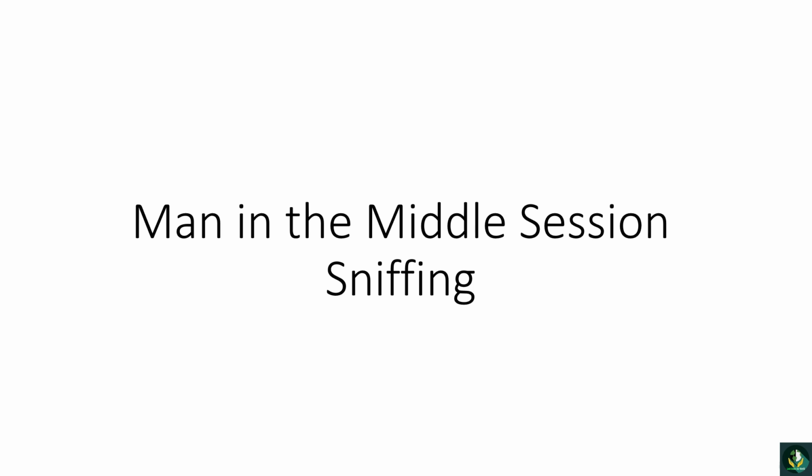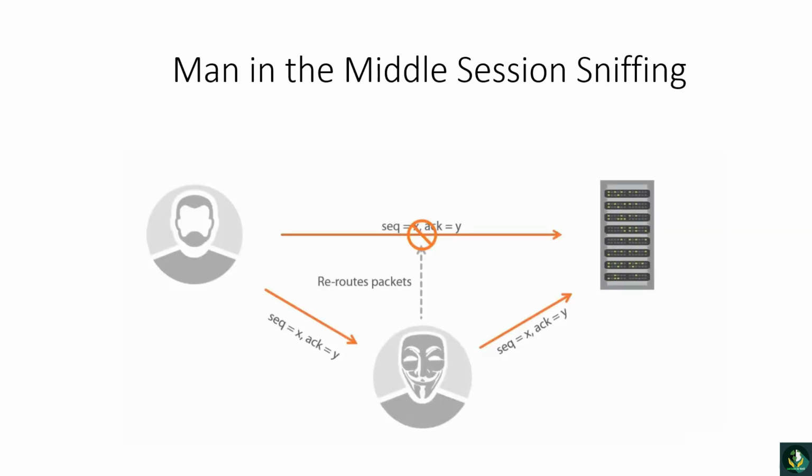Let's take this for an example. We have our victim and our machine communicating backward and forward with all the usual sequence and acknowledgement numbers. The attacker then comes into the picture and reroutes the packets.